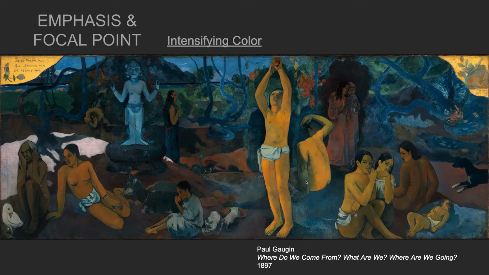The only place in the entire painting with high saturation, and it's this person here. Because it's the only place in the painting that has mostly low saturation, it really draws your eyes to the person, and that person truly is the focal point of the painting.